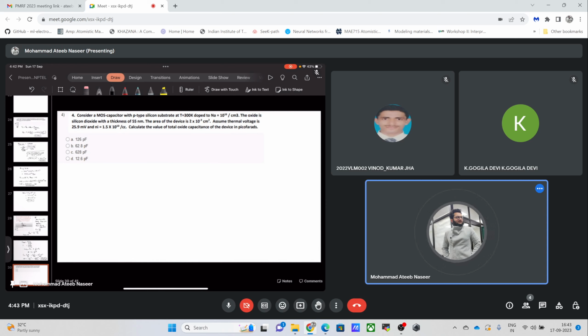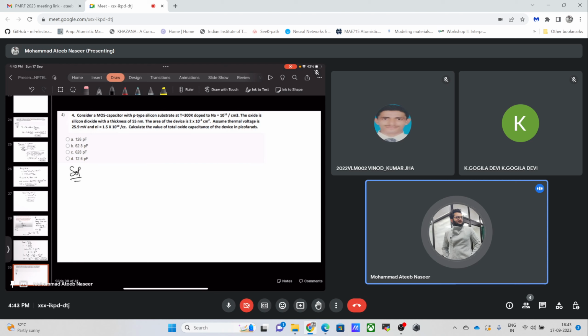This simple case is for a p-type silicon substrate doped to a concentration of 10 to the power of 16, and the oxide is silicon dioxide with a thickness of 55 nanometer, with device area equal to 2 into 10 raised to the power minus 3 centimeter square, and we have been told to calculate the total oxide capacitance.